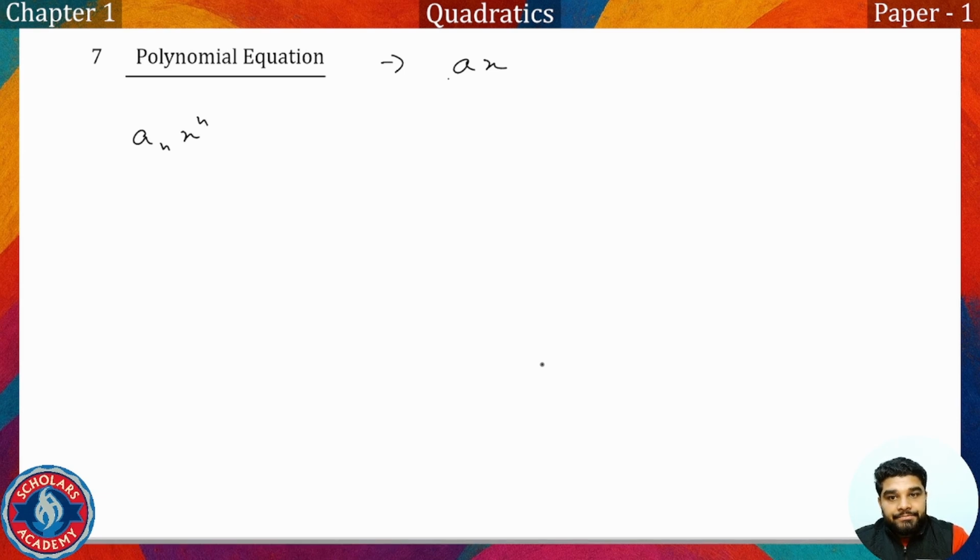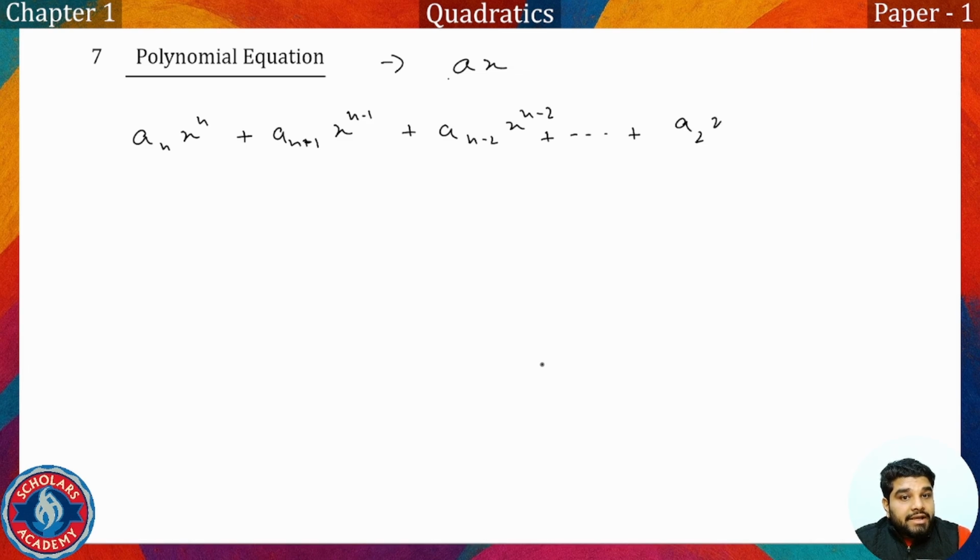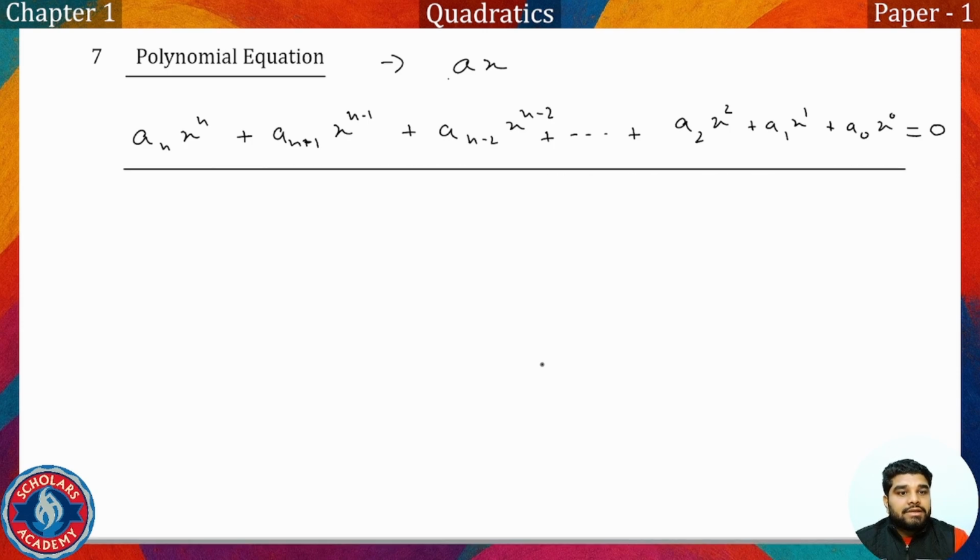A polynomial equation looks like this, plus a_(n minus 1) x to the power n minus 1, plus a_(n minus 2) x to the power n minus 2, and so on up till plus a_2 x to the power 2, a_1 x to the power 1, plus a_0 x to the power 0 is equal to 0. So this is known as a polynomial, and this equal to 0 is a polynomial equation.